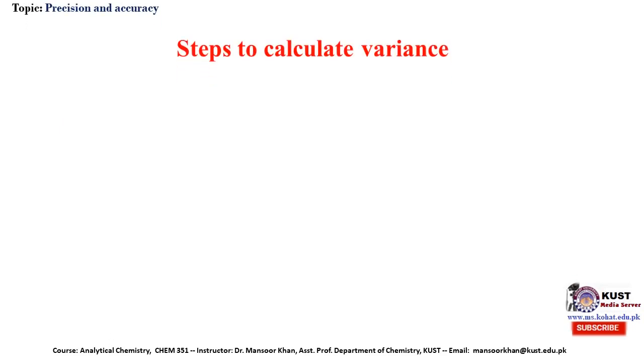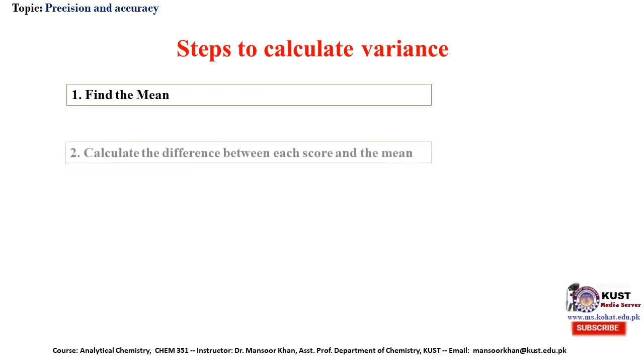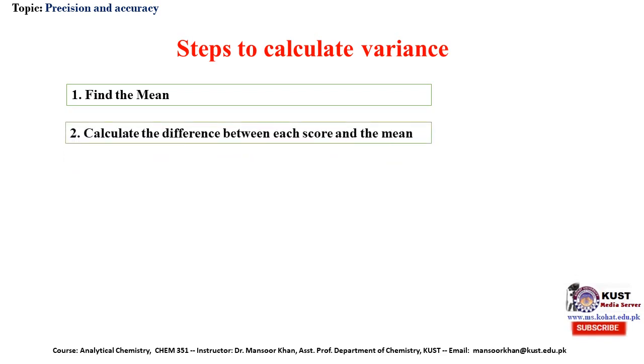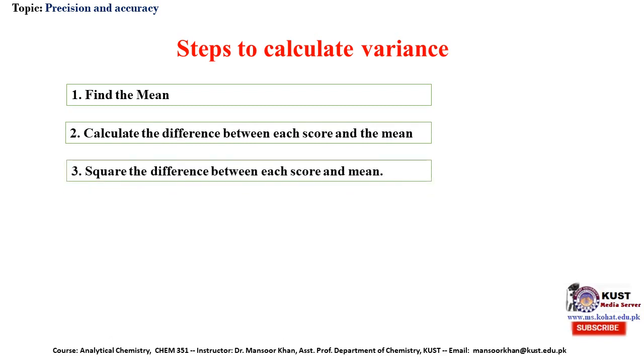This slide shows the steps to calculate variance. The first step is to calculate the mean of the data set. The second step, calculate the difference between each score and the mean. The third step is to square the difference between each score and the mean.